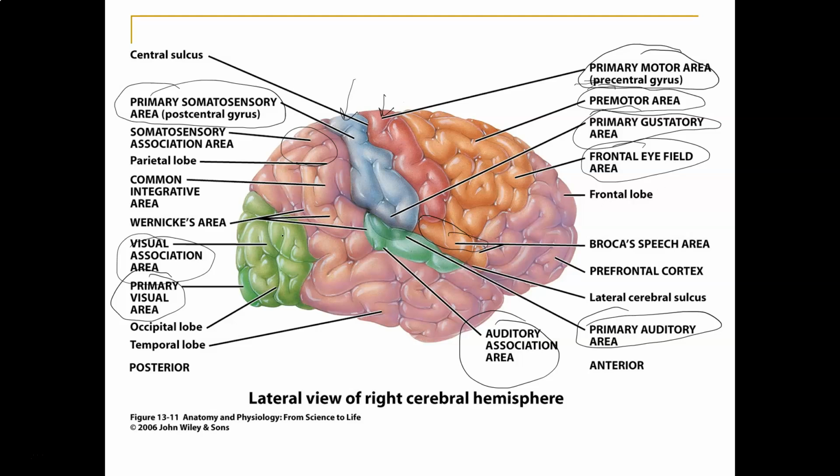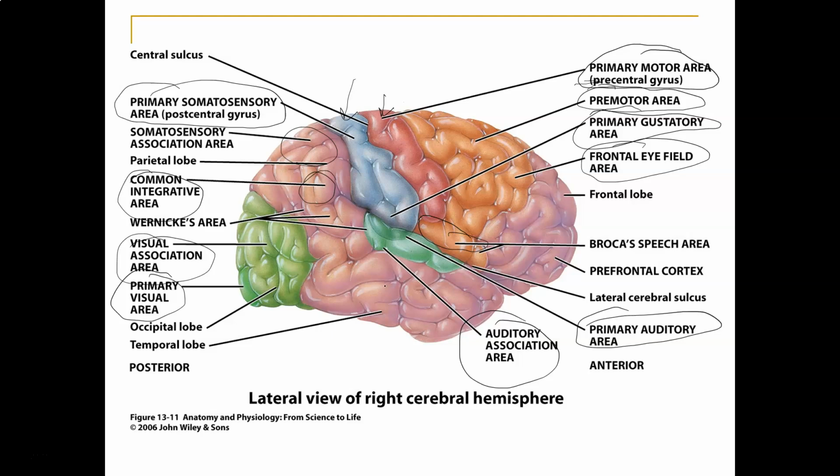Okay, and then I also wanted to mention two other regions. The common integrative area is this region in here. This primarily, and I'm oversimplifying things, integrates sensory information coming from the different regions, like touch, sound, vision, taste, and so on.